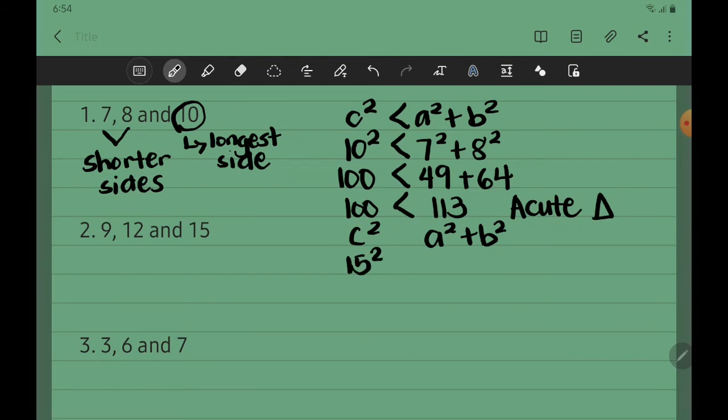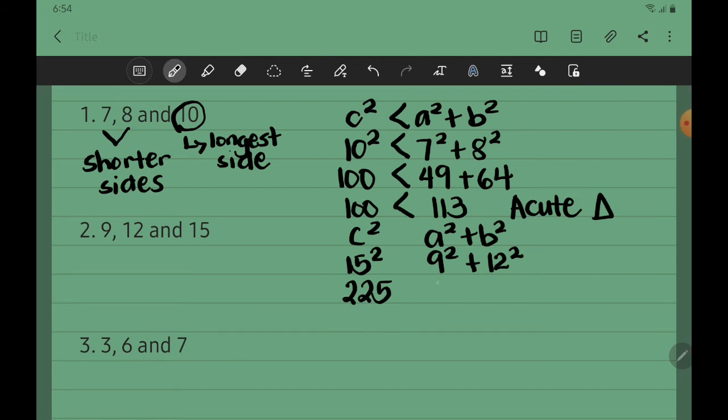And then, the remaining numbers, which are 9 and 12, are our shorter sides. So, we just substitute them for A and B. So, we're going to have 9 squared plus 12 squared. So, let us simplify. 15 squared, so 15 times 15, that is 225.